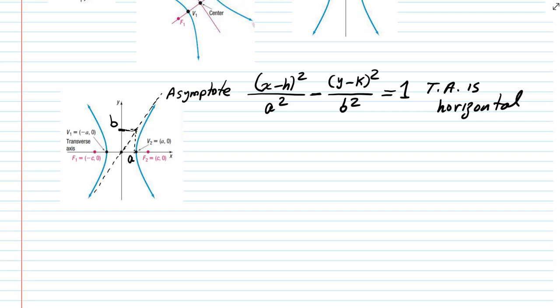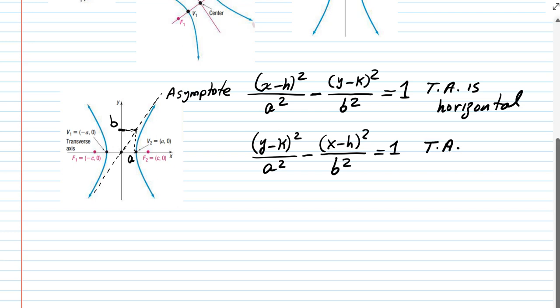Now, because subtraction is not commutative, we need another equation that goes like this. It goes y minus k squared over a squared minus x minus h squared over b squared is equal to 1. And this one is for the one where the transverse axis is vertical.